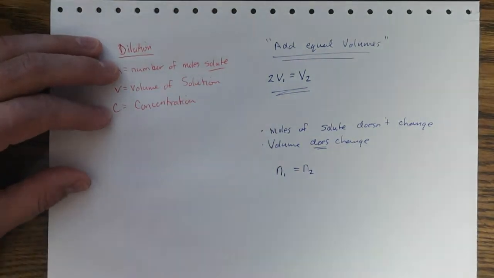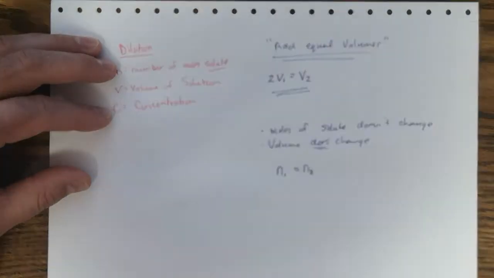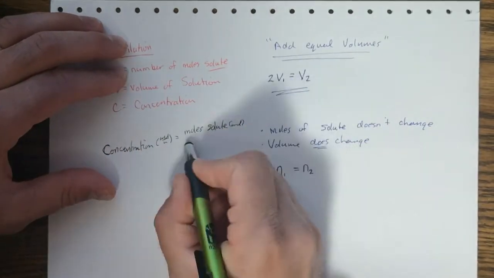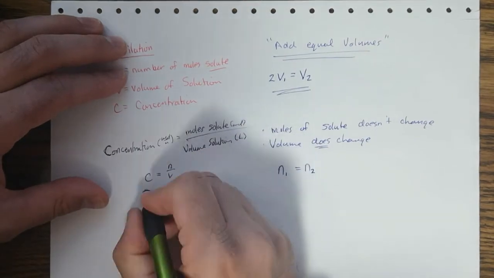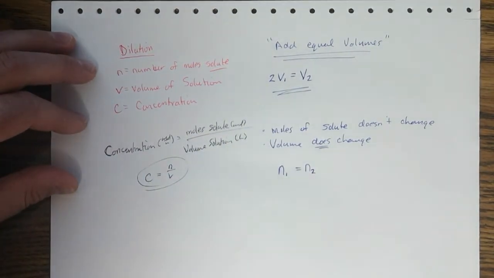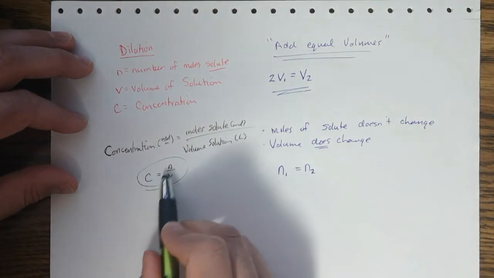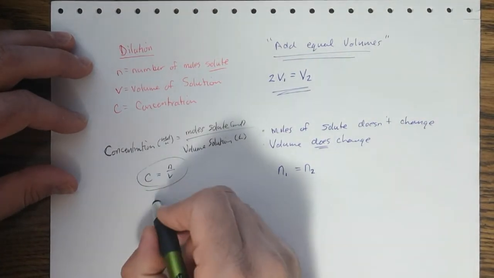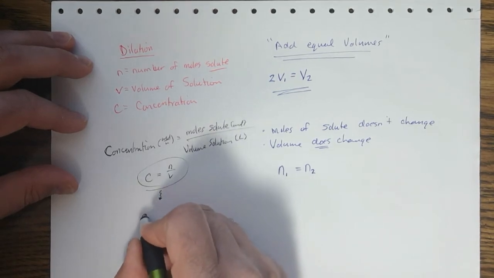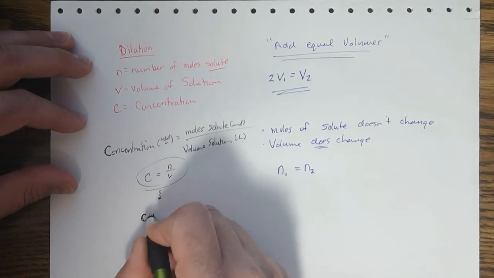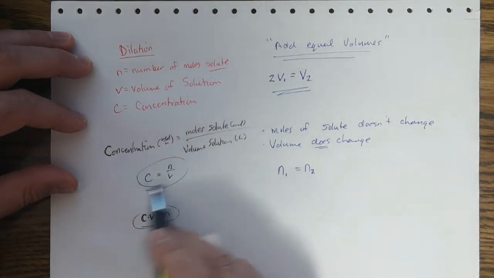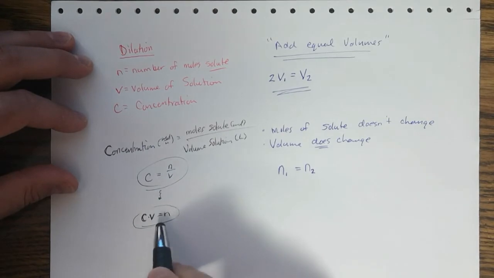Now, let's just do a quick flashback here. Concentration is equal to our moles of solute divided by the volume of solution. Put another way, C is equal to N over V. Now, if we were to rearrange this equation, we would say that concentration times volume is equal to N. So we multiply both sides by V. We've rearranged this equation.